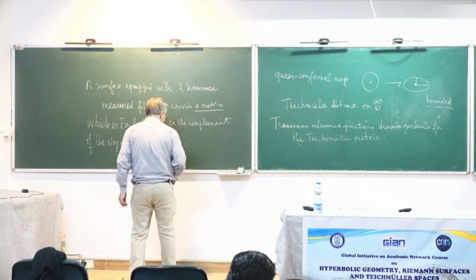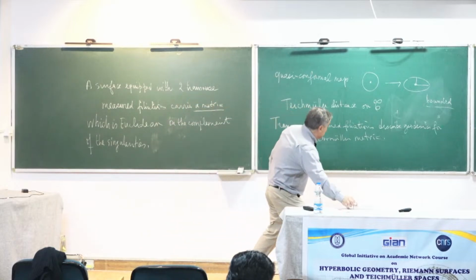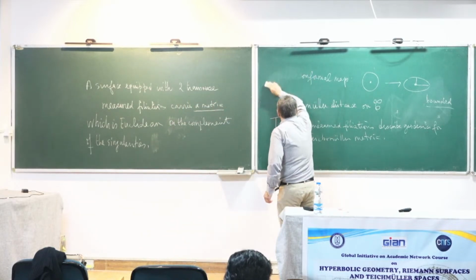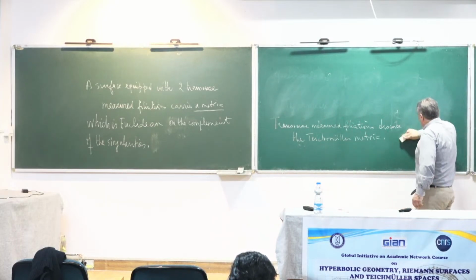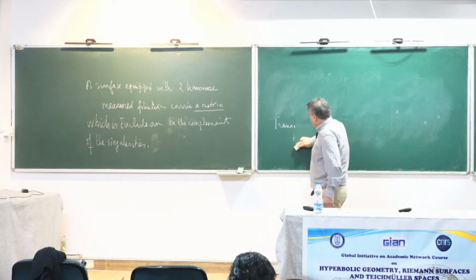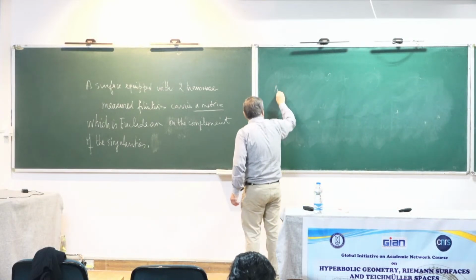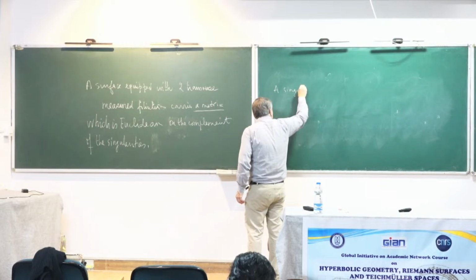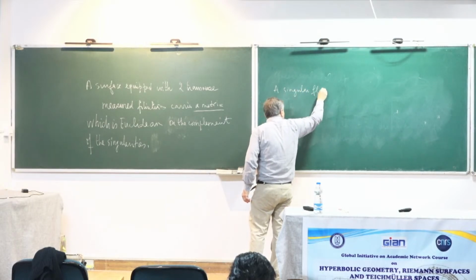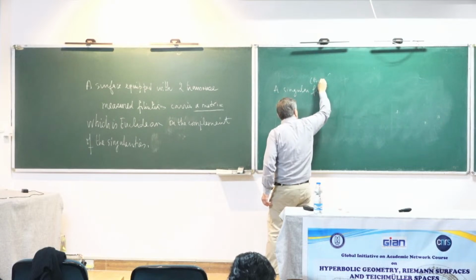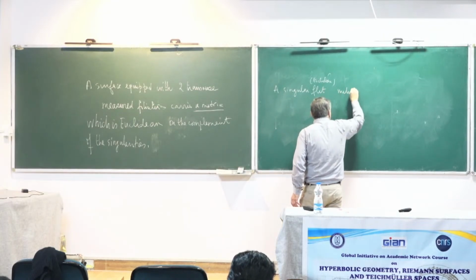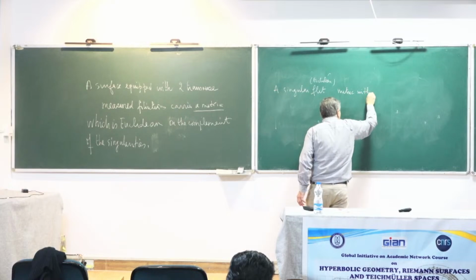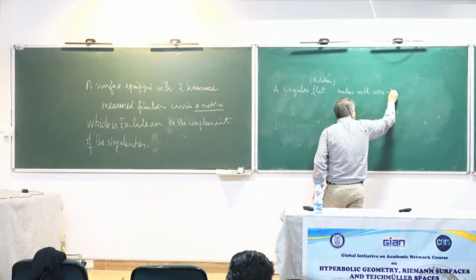So this is called a singular flat metric with cone-like singularities. Flat means Euclidean. Singular means I have singularities.